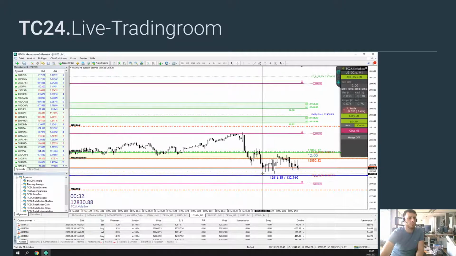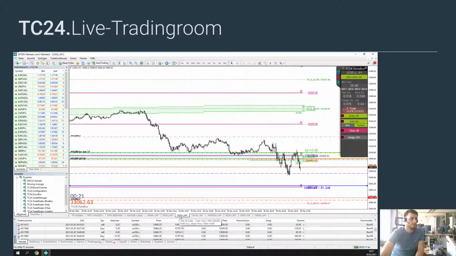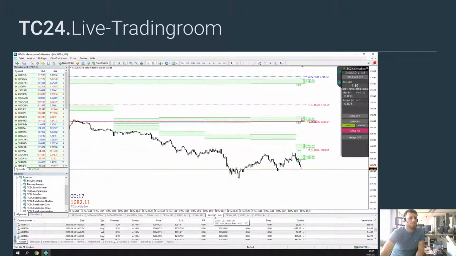Quite a big supporting area right here, so and there it is on gold. Currently out of that Vola box there.